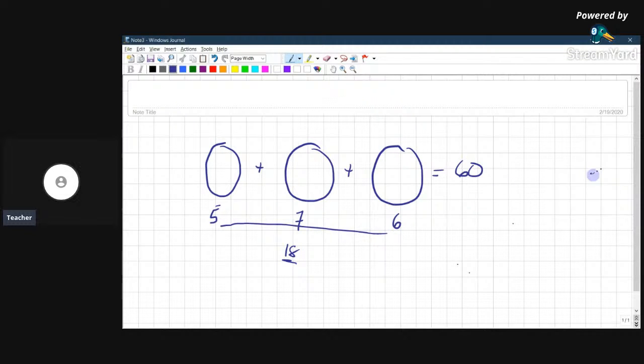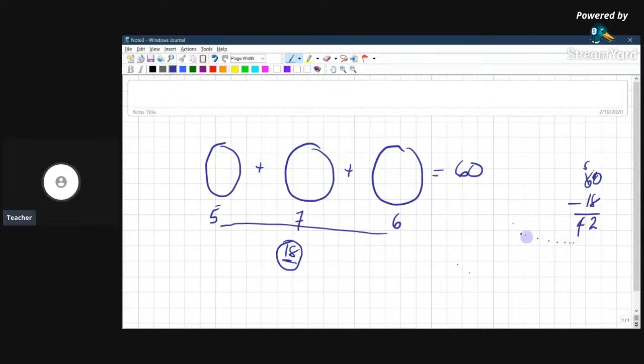So if I have 60 and I take out 18, this would be 5, and we put the 1 here. So 8 from 10 would leave me with 2, and 1 from 5 would leave me with 4. So there will be 42 students left after the 18 students here came out. Okay.